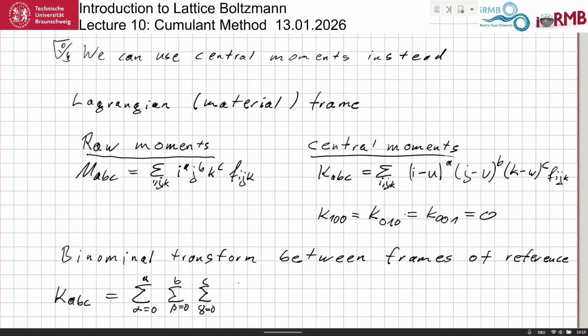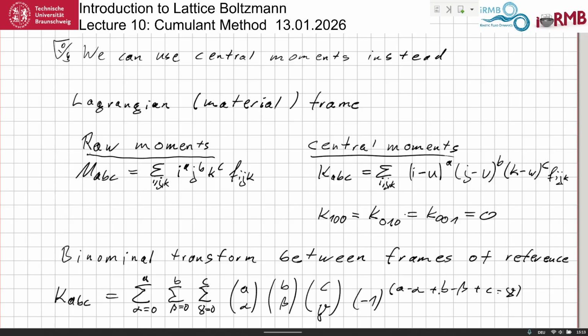Now we have the binomial A over alpha, which I will define shortly if you're not familiar, B over beta, and C over gamma, times (-1) to the power of A minus alpha plus B minus beta plus C minus gamma.